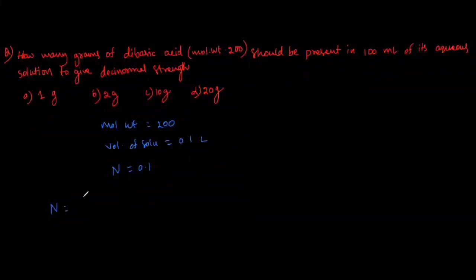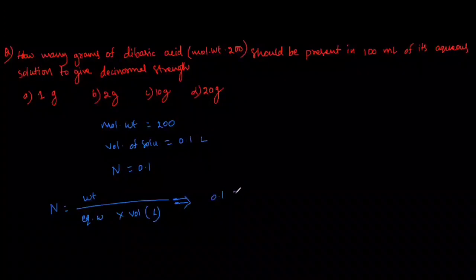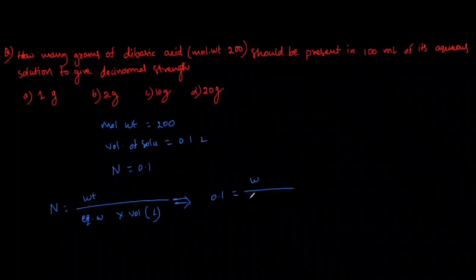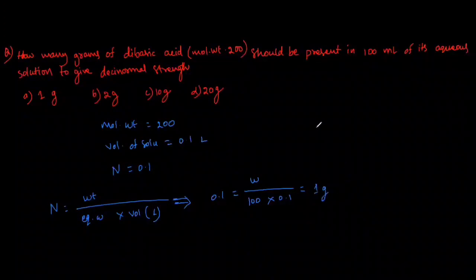Then normality is equal to weight by equivalent weight into volume in liters. Here 0.1 equals weight by equivalent weight 100 into volume 0.1, that is equal to 1 gram.